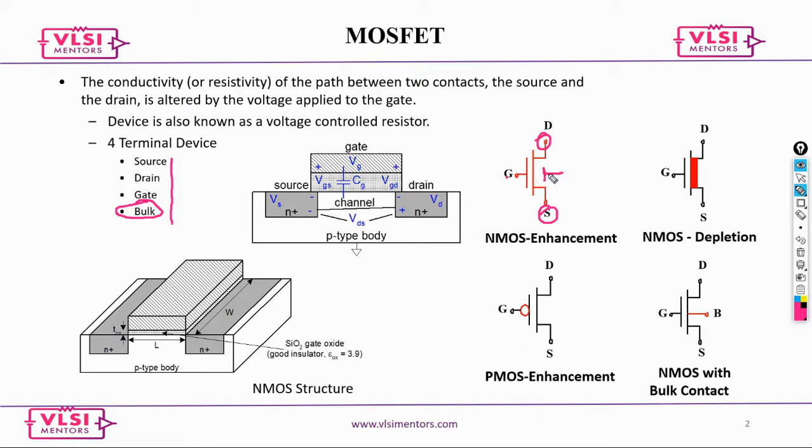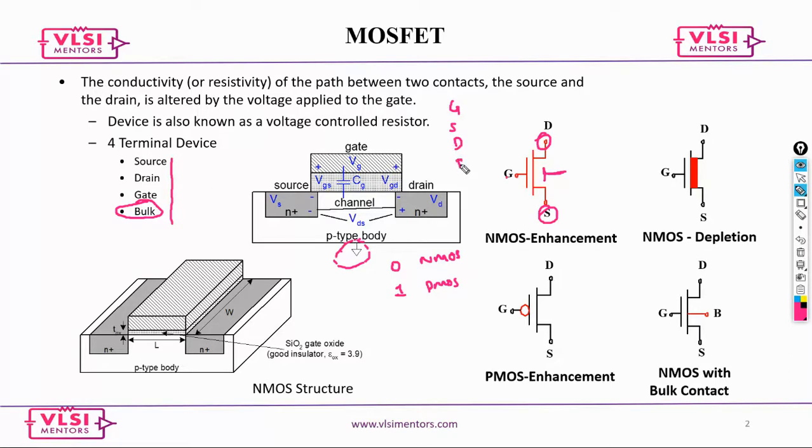This bulk is always assumed to be at ground potential if it is an NMOS, and it is treated as 1 if it is a PMOS. Your gate is an individual pin, source is another pin, and drain is another pin.